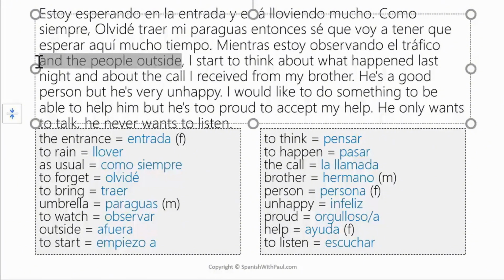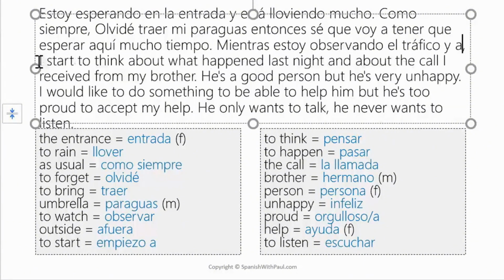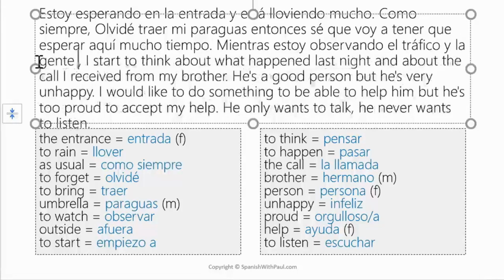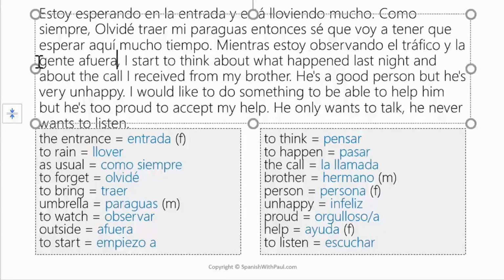So el tráfico y la gente afuera. I start. Here's where we have, instead of empezar, empezo, it's going to split into empiezo. Just a softer, nicer sound for the pronunciation. So, empiezo a pensar. I start to think.